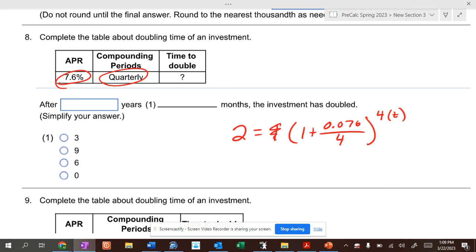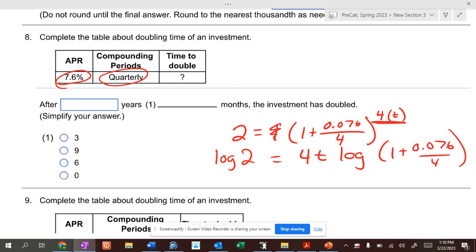How do we get rid of this, so it's not an exponent? We can take the log of each side. Log of 2 equals 4t times the log of 1 plus 0.076 divided by 4.